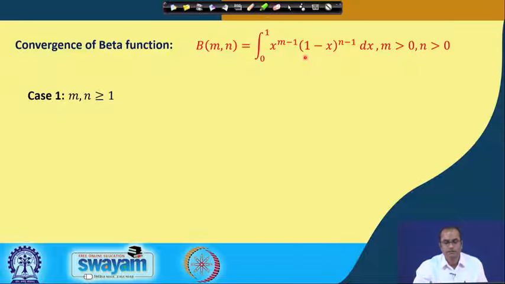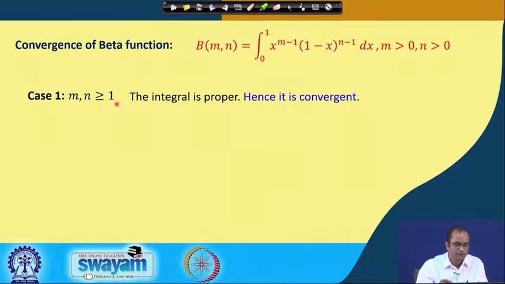So, this integral is indeed a proper integral, and we do not have to discuss the convergence of improper integrals. For this special case, this integral is proper, and hence it is convergent.